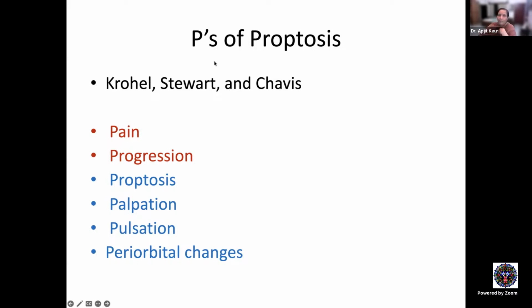To learn this very nicely, all these three intelligent people, they coined these 6 P's of proptosis. The first 2 P's are the pain and progression, and the next 4 P's are from the examination. First 2 are from history, and next 4 are from examination.